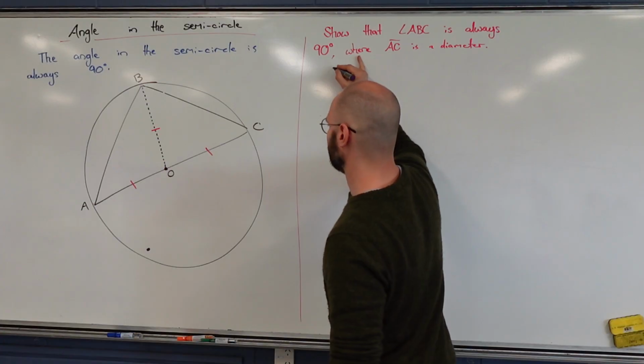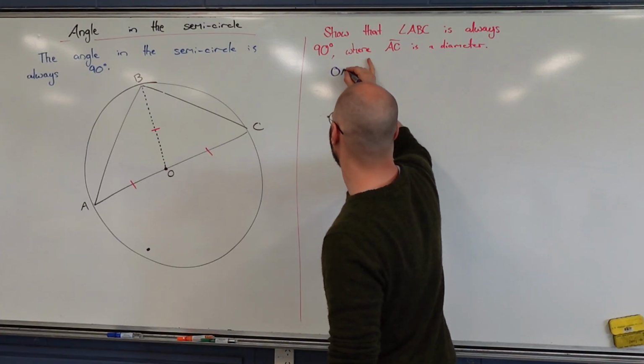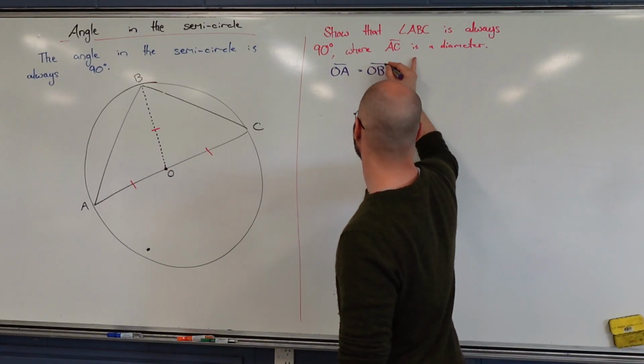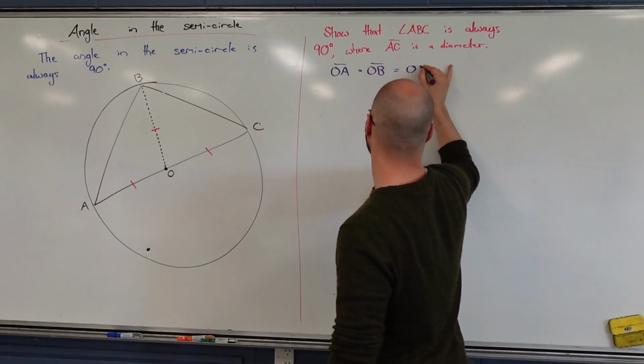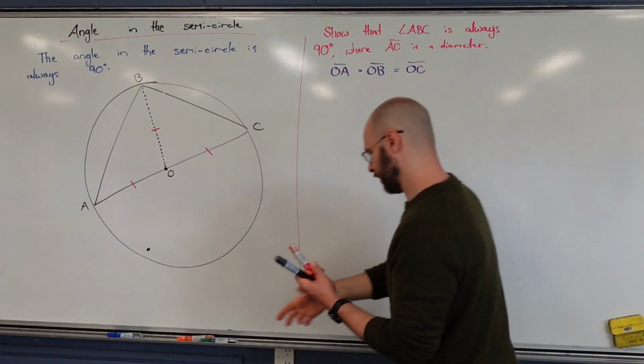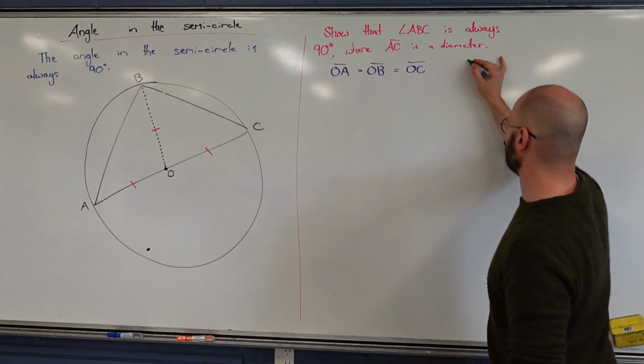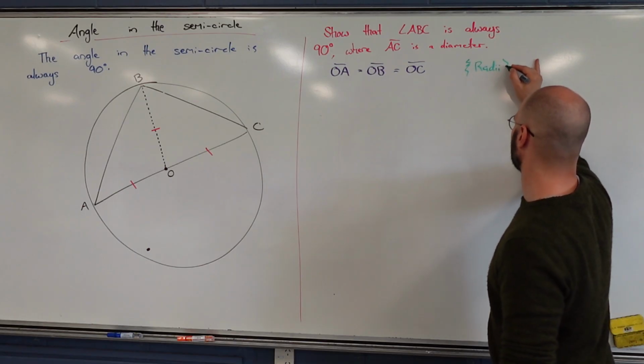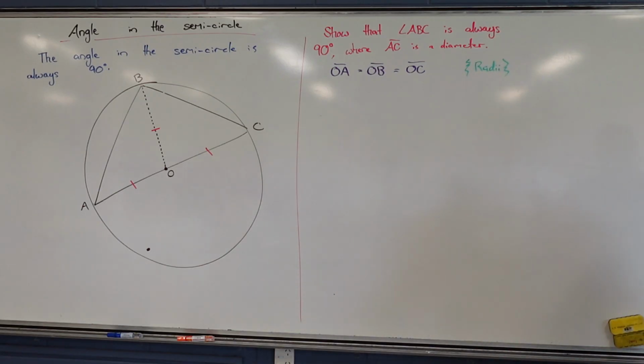So we can make the statement OA is the same as OB is the same as OC. And the reasoning for this is radii, or you can say same radius of the same circle, just anything to show that you know they're the same. The wording of the reasoning isn't essential.